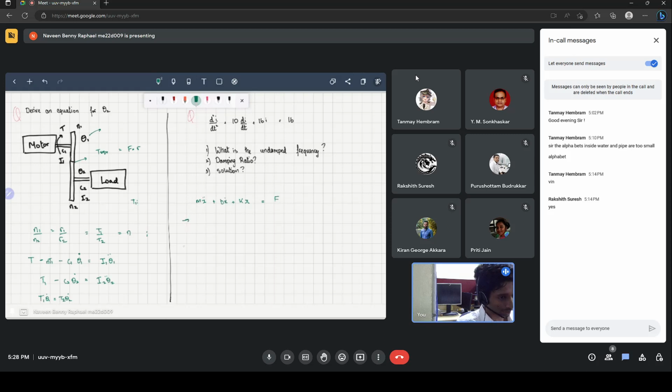The undamped frequency, by definition, in case of the mechanical system, is root k by m. That is the coefficient of x and the coefficient of m. Therefore, in this case, we should look at this term and this term. Therefore, the undamped frequency would be 4.